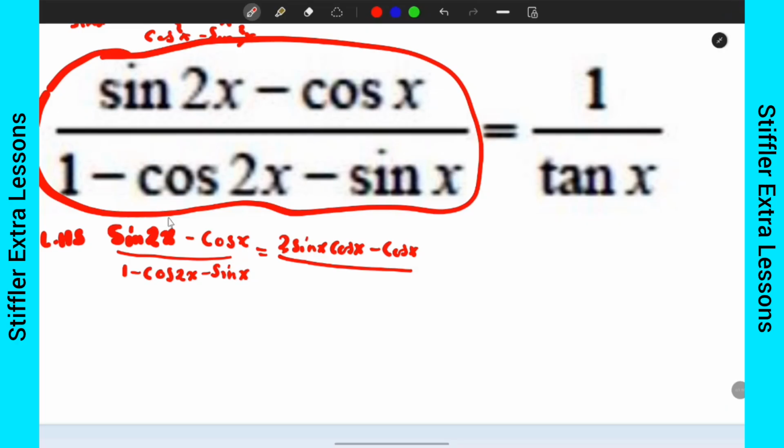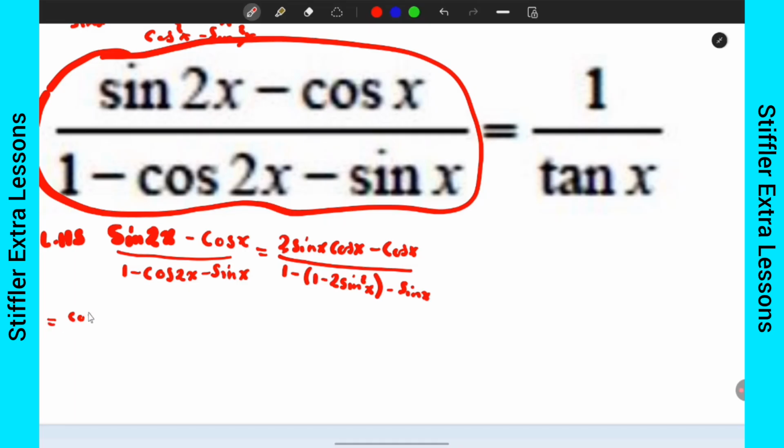So this will be 1 minus, and then we said this is equivalent to 1 minus 2 sine squared x, and then minus sine of x. And again, this will be the top part. We can see that we have a common factor, which is cos x. So let's factor out cos x.